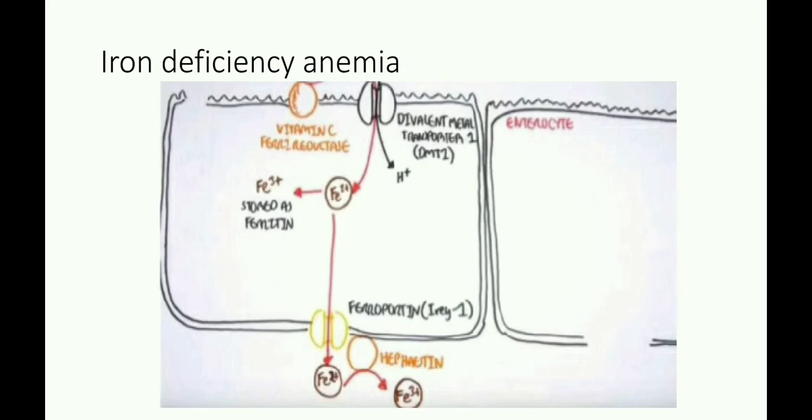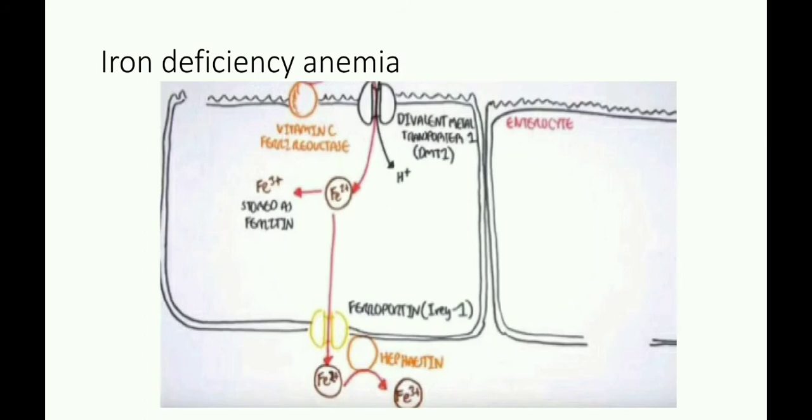When it enters the enterocytes, it is absorbed in Fe2+ form, that is ferrous form. Once it has entered the enterocyte, it has to get converted into ferric form, that is Fe3+ form, and this is done by a protein called hephaestin or ceruloplasmin.